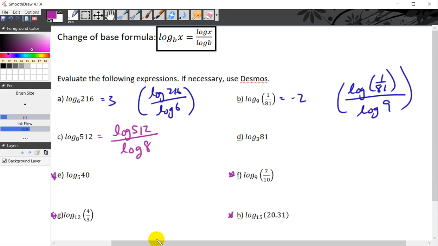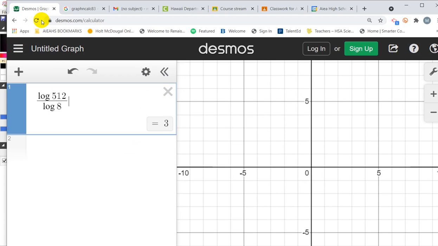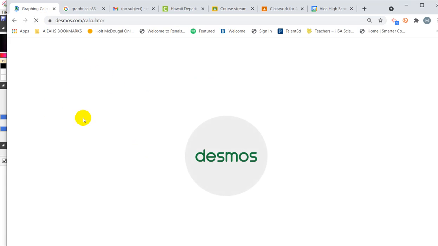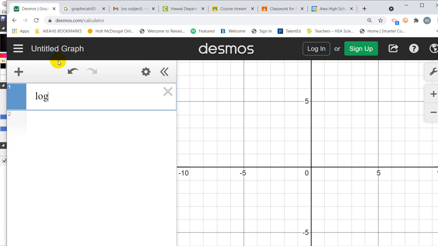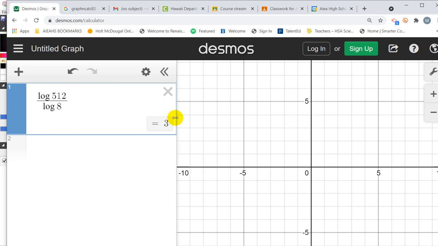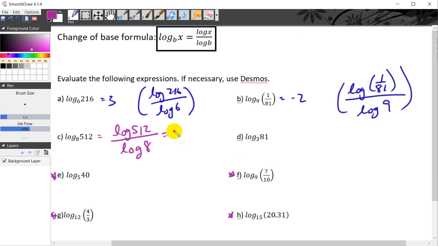We can put this into Desmos: log 512, highlight it, put the backslash and log 8, and that right there is 3.